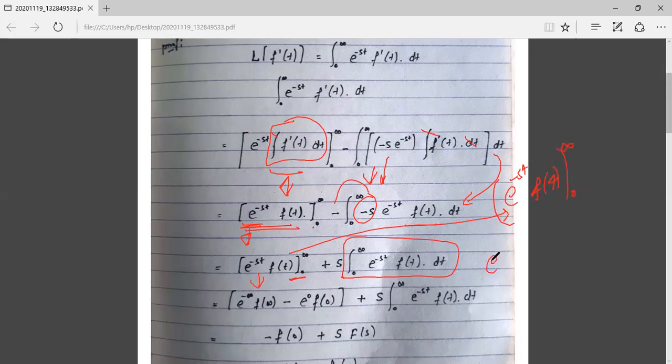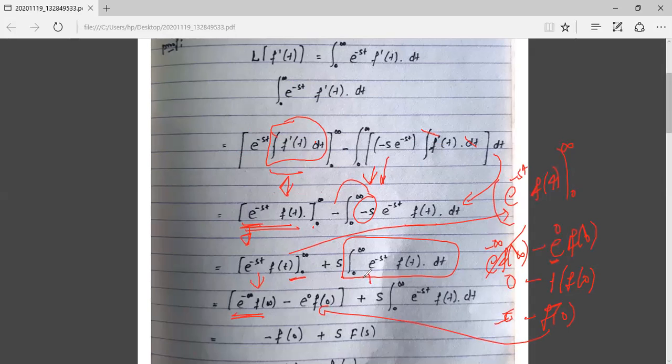When we apply the upper limit, that is e to the power minus infinity f of infinity, minus e to the power 0 f of 0.